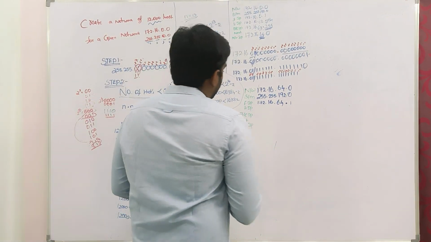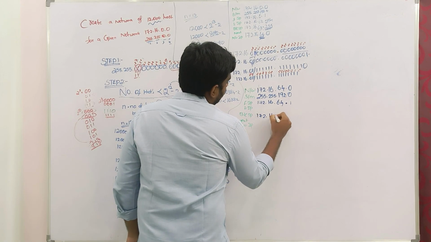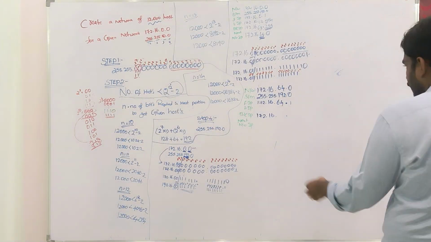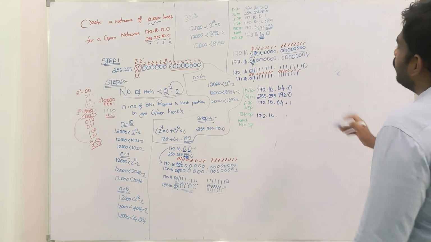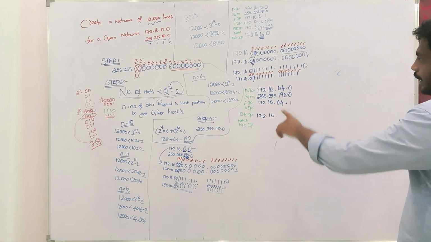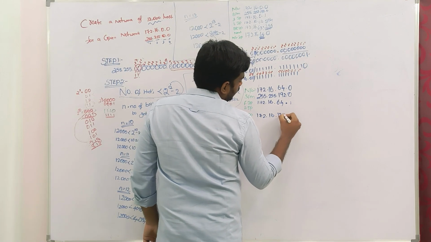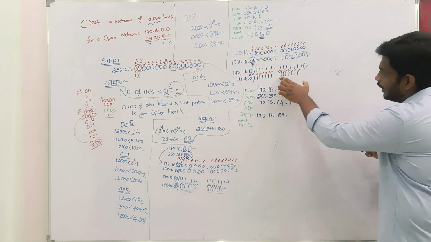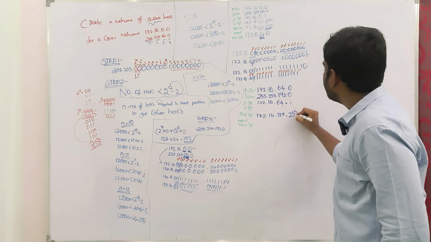So 172.16 dot, in the third octet, what result are we getting? Once you multiply the corresponding bits with the powers of 2, you will get the value of 127. Then if you multiply all with corresponding bits in the fourth octet, you will get the value of 255.